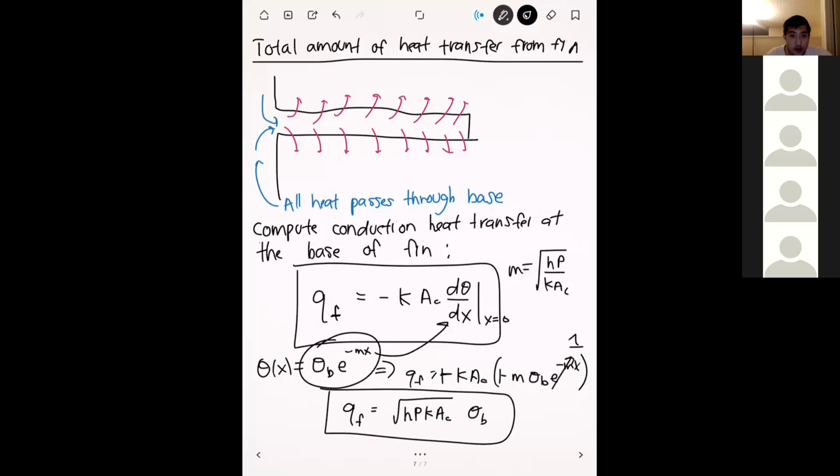That formula is basically the total amount of heat transfer from a fin if we assume the fourth tip condition.